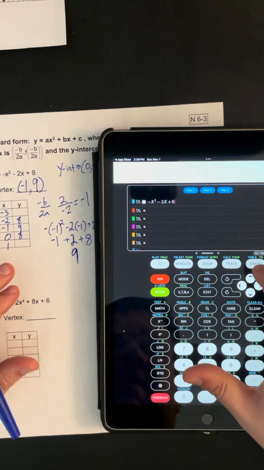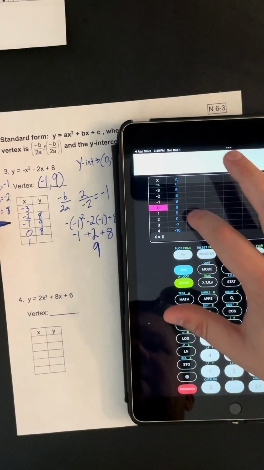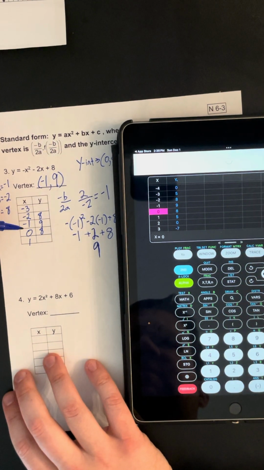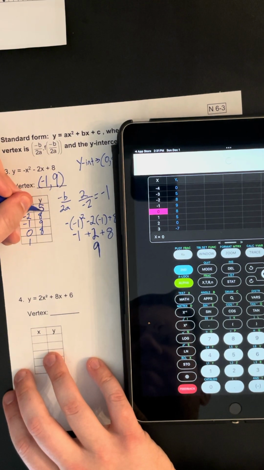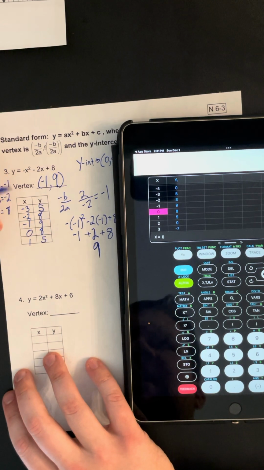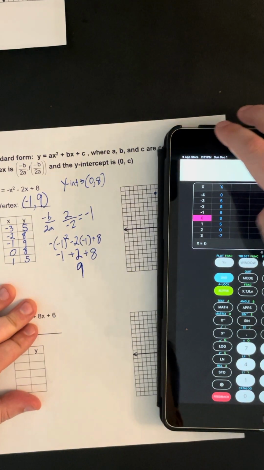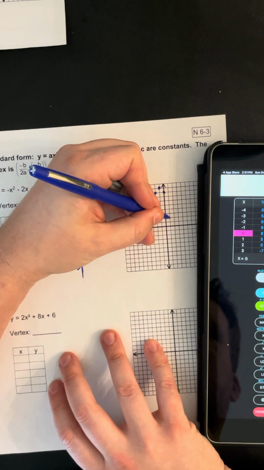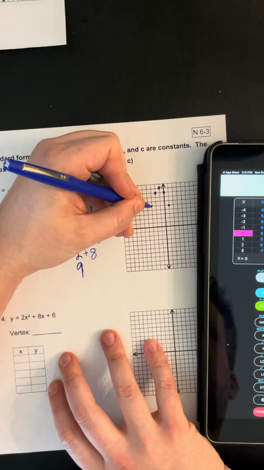And I need my table. So just checking my vertex here has got the same going from either side. So negative 1, 9. My 0 and my negative 2 are the same. So at negative 3 it'll be 5. And at 1 it should be 5. One, 2, 3, 4, 5, right there, and right there.